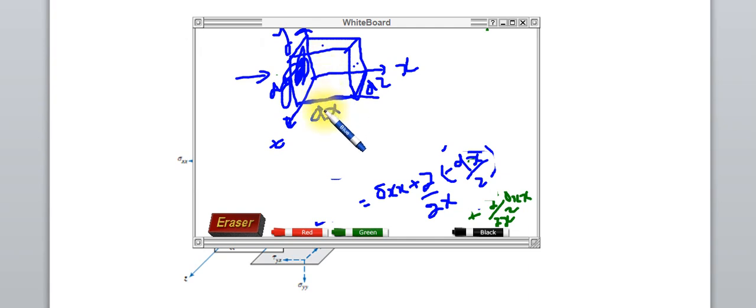This one and this one. So look at the area which it penetrates. It is made up of this one, this one, this one, and this one. So it is made up of dx dz, but it is in the x direction, and now in the y plane.